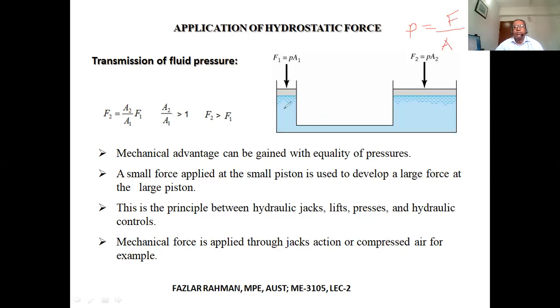So if we apply force F1 and inside it creates pressure P, then we can say F1 equal to P into A1.